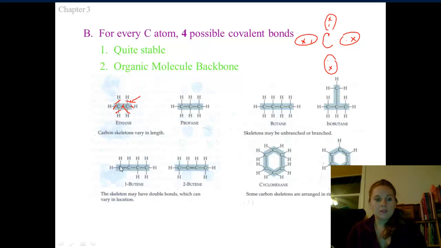Down here you can see that there is a double bond, which means it's removed out what was up here in terms of filling it with hydrogen, and this double bond equates to 2 pairs of shared electrons. So now we have 1, 2, 3, 4, stable. Same thing goes with this carbon here, 1, 2, 3, 4. So you can always go by counting the actual bonds that they make. And there we have ring shapes.